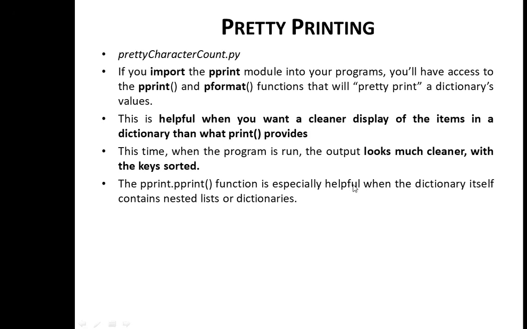So the output looks much cleaner and more sorted. We can go for pprint or pformat especially when we are using dictionaries, and especially when the dictionary has nested lists and dictionaries. It's better to go for pprint, as the output will be displayed in a much cleaner and more sorted way as compared to a regular print function.